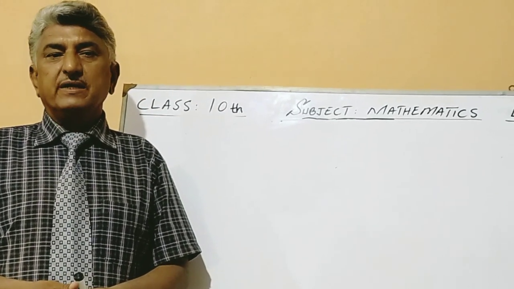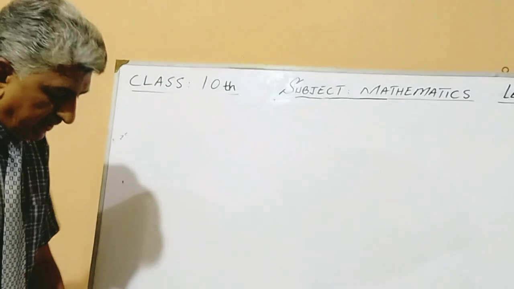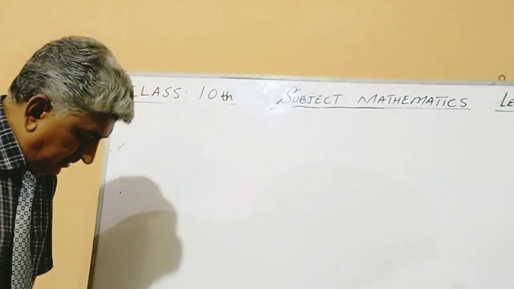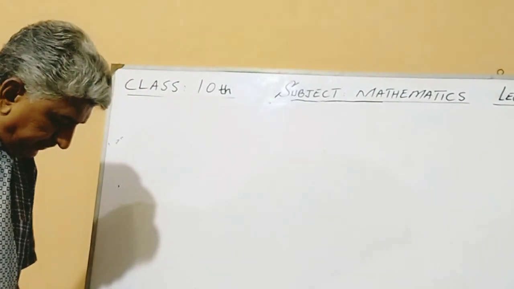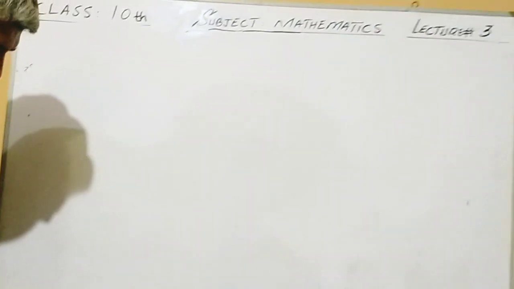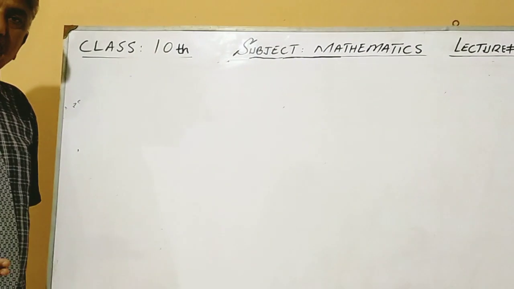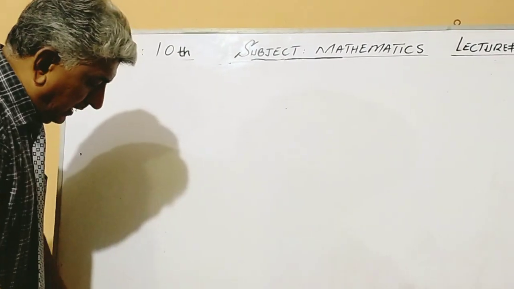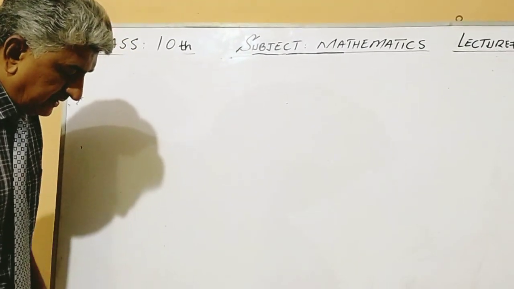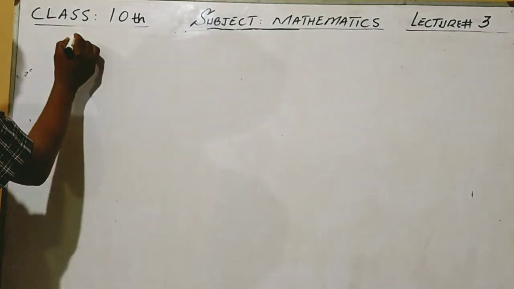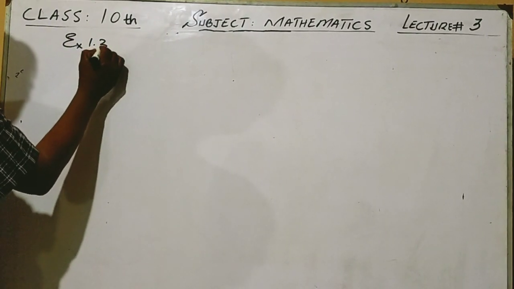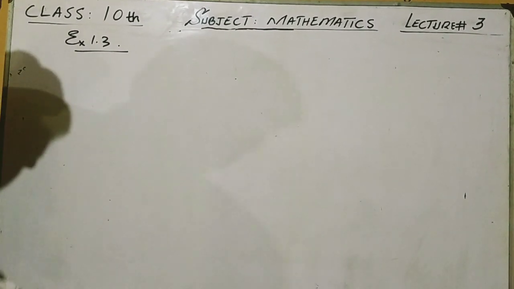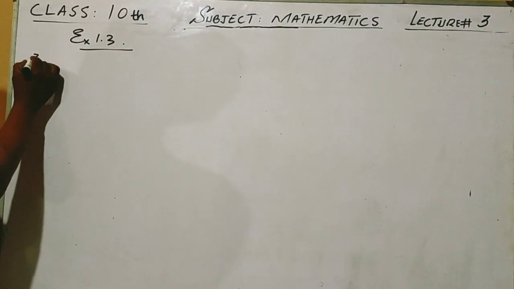So I am starting with a question from your exercise 1.3. In this exercise, 5 types are given, with questions related to the 5 types. So I have selected the first question from exercise 1.3, and this is question 3.